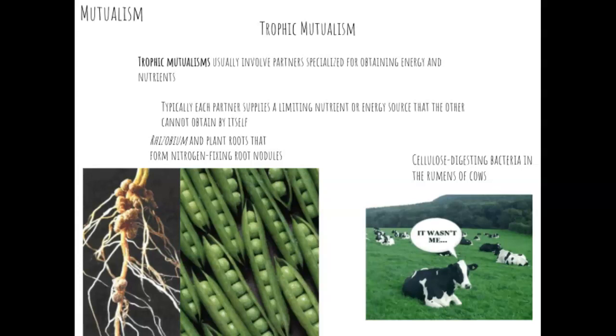Instead, they have archaea, which are methanogens, that live in their guts, and when they chew up and swallow plant material, those archaea are able to then break down that cellulose and release that energy so that the cows can digest it. So the cows give the bacteria or the archaea a nice, warm, safe place to live in their stomachs, and in return, they break down the food material for the cows that the cows can't digest for themselves.